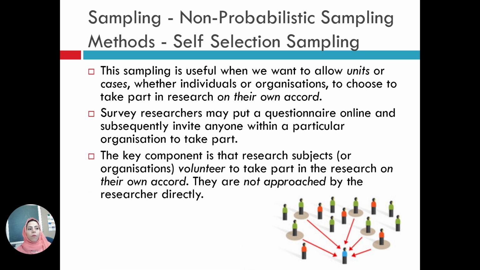The key component is that research subjects volunteer to take part in the research on their own accord, as compared to convenience sampling where the researcher himself approaches the target population. Over here in self-selection sampling, it's the other way around. The researcher does not approach the individuals, rather the individuals volunteer, they have to become part of the research and give answers to your survey.